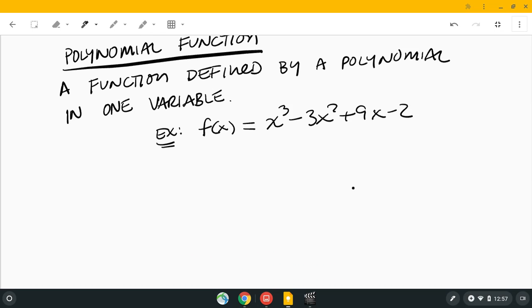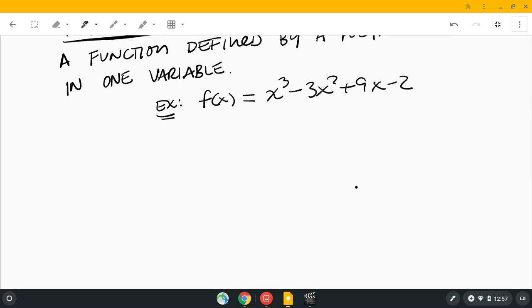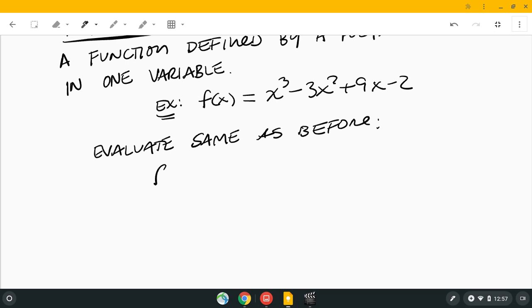Okay, and we evaluate these the same as before. So if you are trying to find f of 2, right?